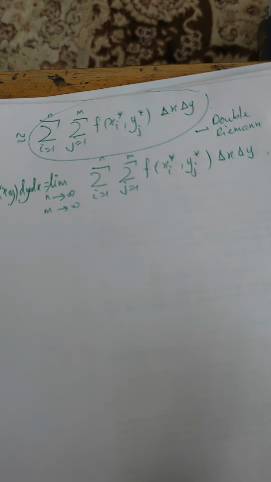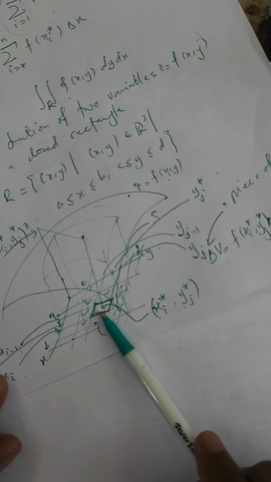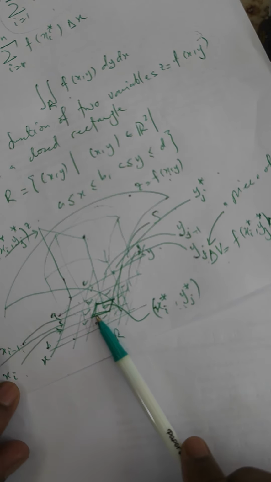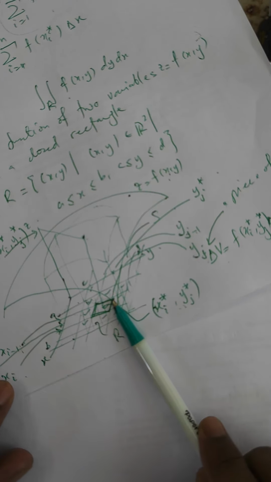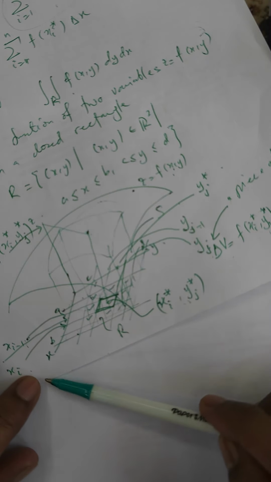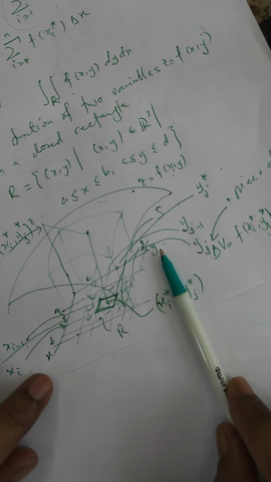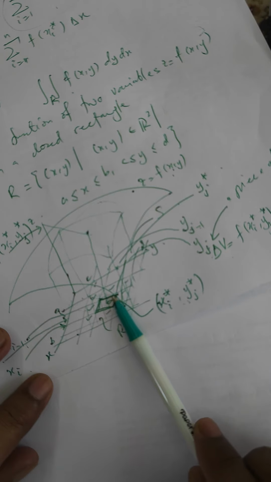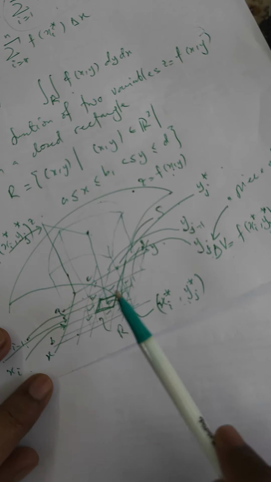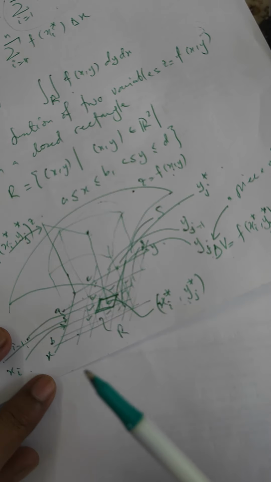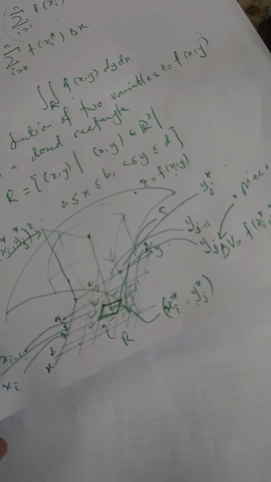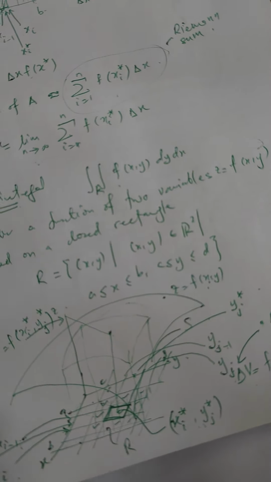If you look again at the sketch that I made here, the smaller the rectangle means we increase the number n, we increase the number m. So this rectangle becomes smaller and smaller. The smaller the rectangle, the more accurate our solution is. I hope you can get those ideas.